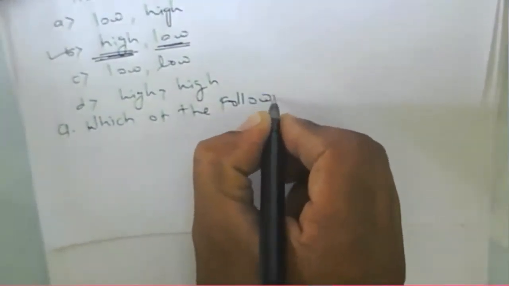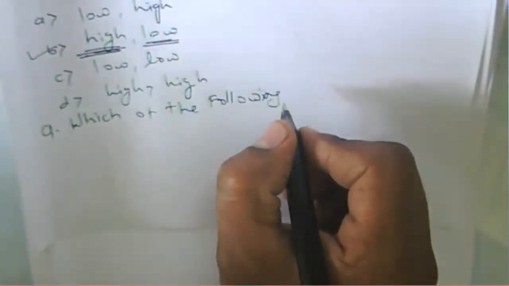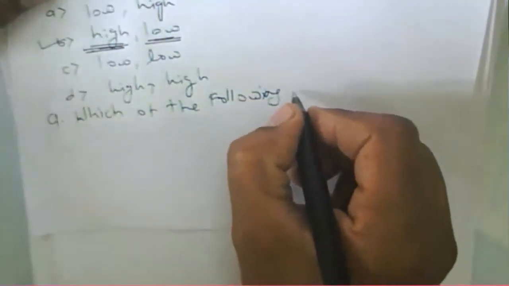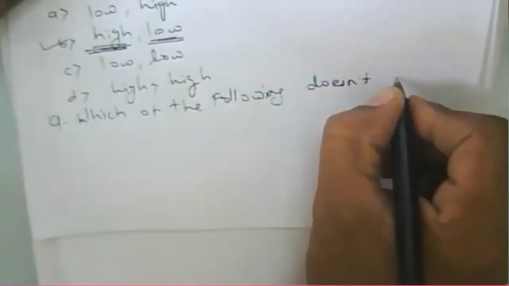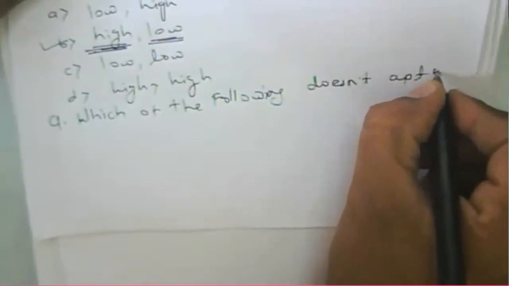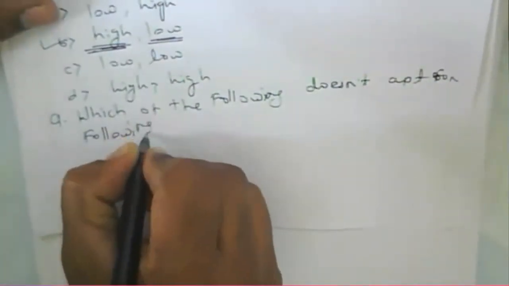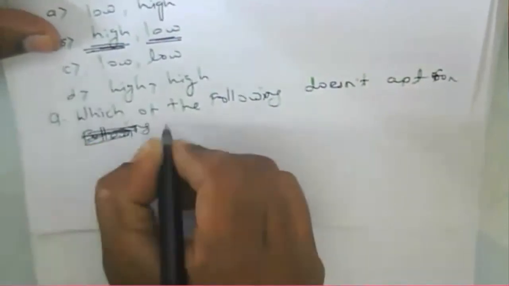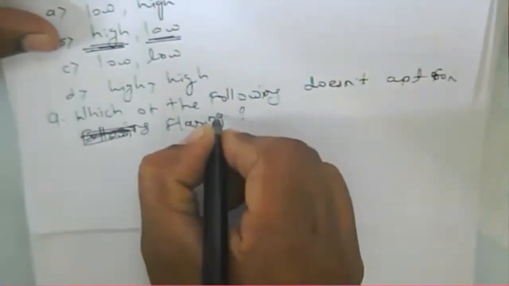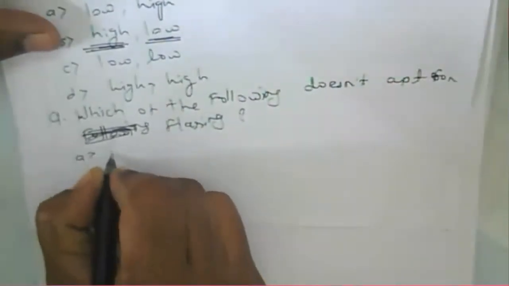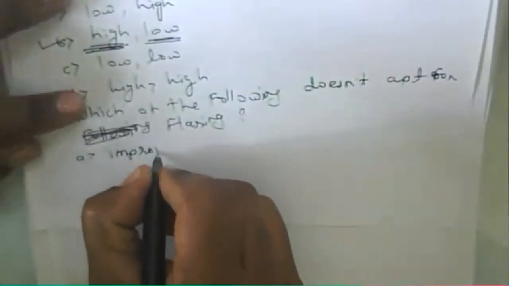So next question. Which of the following doesn't happen for flaring in a horn?